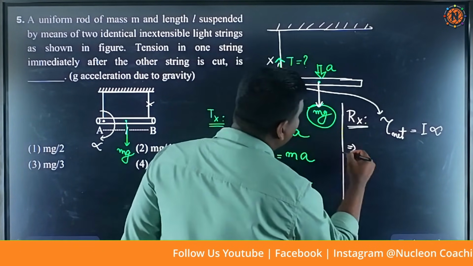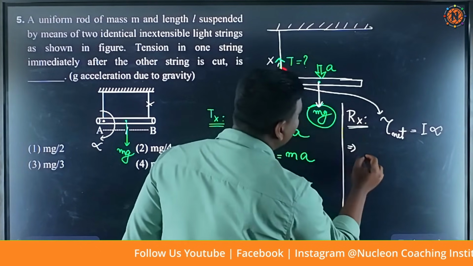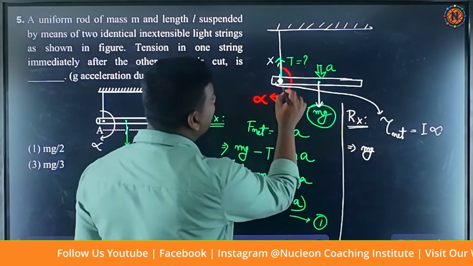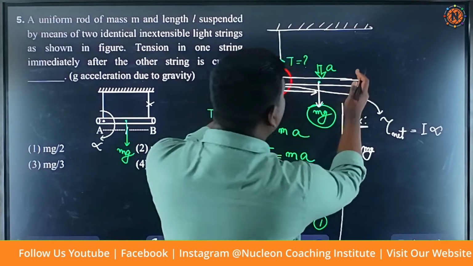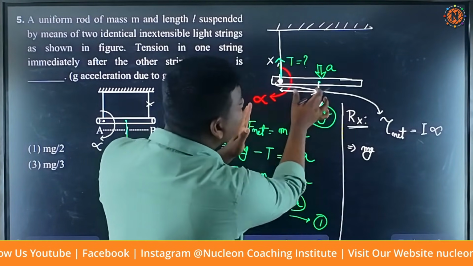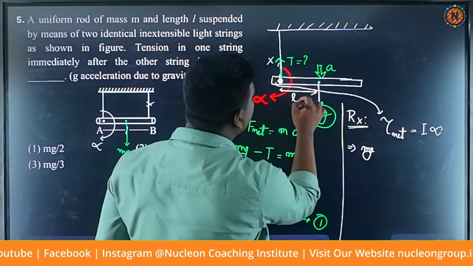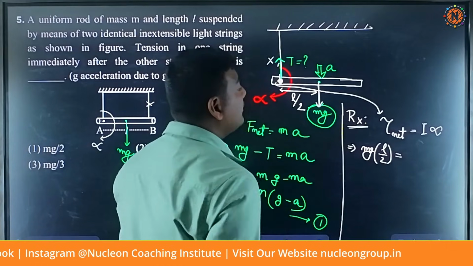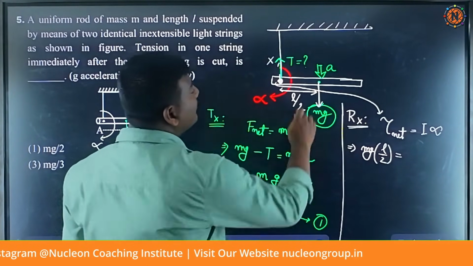We can write torque equals force into perpendicular distance. Force is mg, and the perpendicular distance is this distance. Since the total length is L, this is at the center, so this distance will be L by 2. So mg L by 2 equals I, the moment of inertia of the rod.